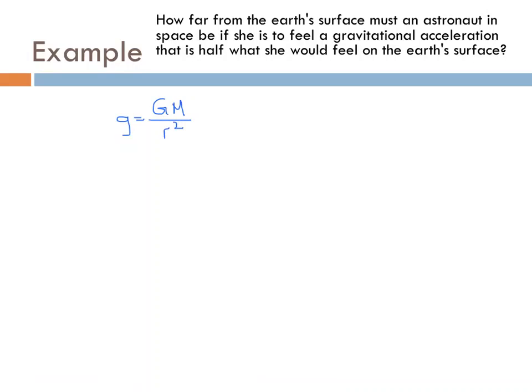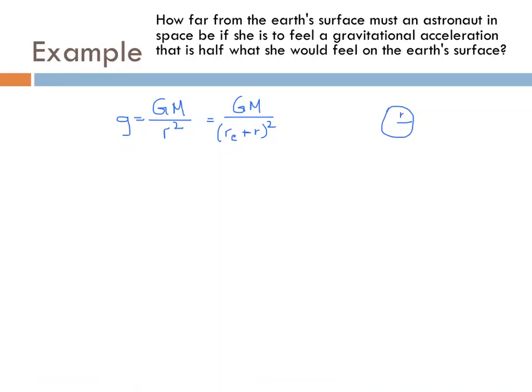Now r is the distance between the two centers of mass. So when we are looking for the distance away from the Earth's surface, that means we have to include the radius of the Earth plus the distance that she is going to be away from the surface. Those two distances together make up the total distance.